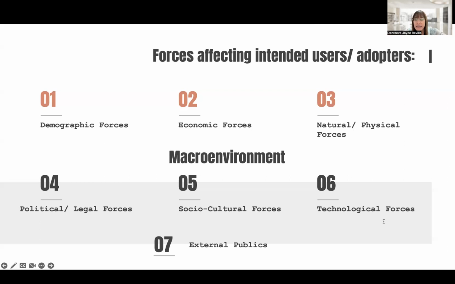And lastly, external publics. These are groups outside the organization, other than the current alliances and partners, that could have some impact on your efforts, whether good or bad, to you, your target audience, and new potential partners.